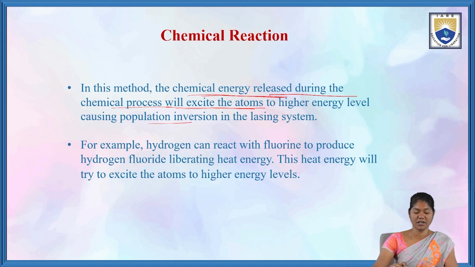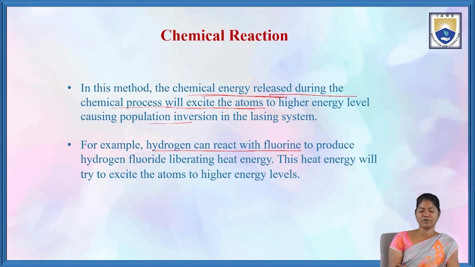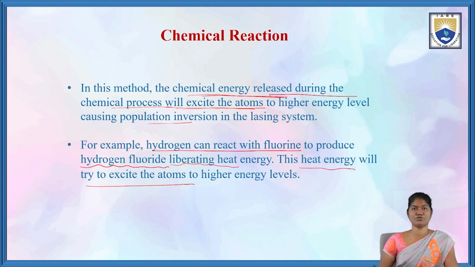For example, hydrogen can react with fluorine to produce hydrogen fluoride. In this chemical reaction, heat energy is liberated. This heat energy will excite the atoms to higher energy levels. Like that, more atoms will transit to the higher energy level.